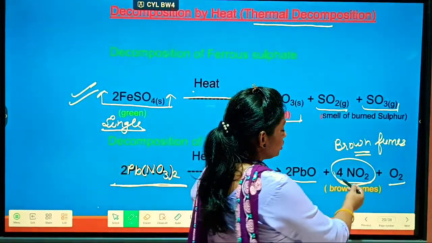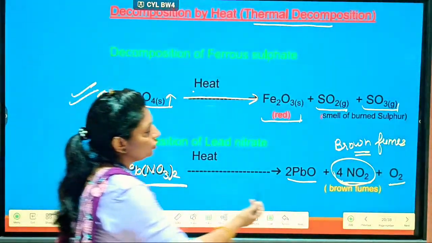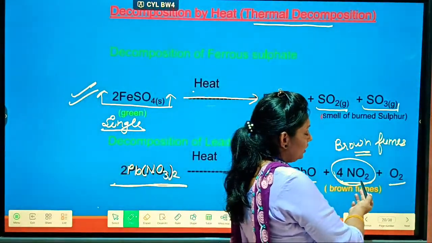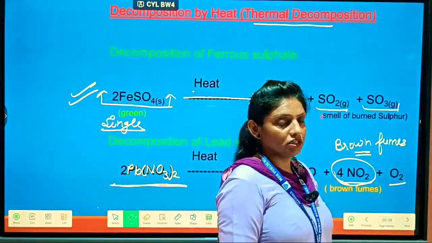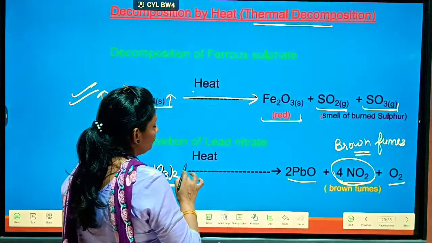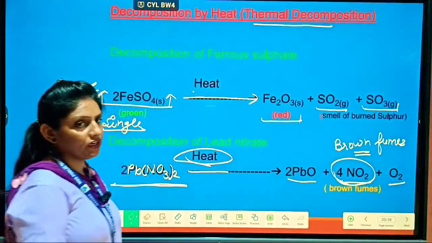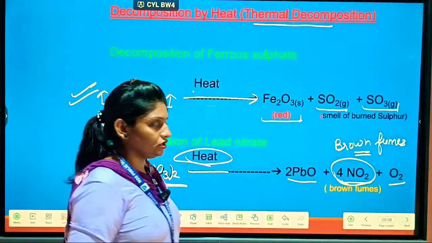These are due to production of NO2. So here you can also see lead nitrate decomposes into these three substances, lead oxide, nitrogen dioxide, and oxygen. So here also a decomposition reaction takes place, and it is taking place in presence of heat. So it is an example of thermal decomposition.